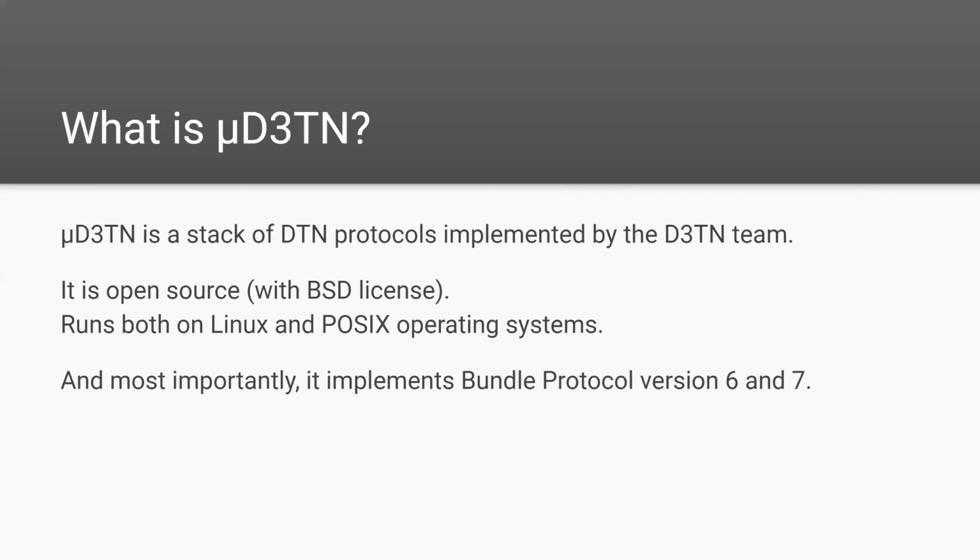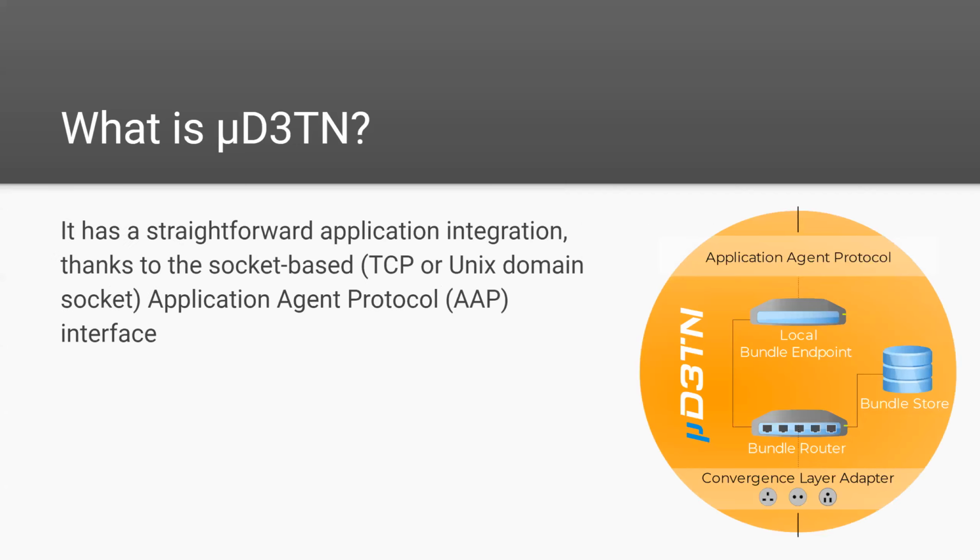And they have a lot of advantages, such as interoperability with other implementations, such as ION from NASA. And a nice thing about micro-DTN is that they have this thing called the AAP, the Application Agent Protocol. It is basically an API for applications to use micro-DTN in order to send messages over a DTN.